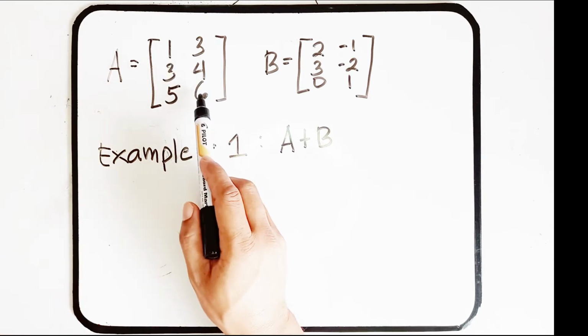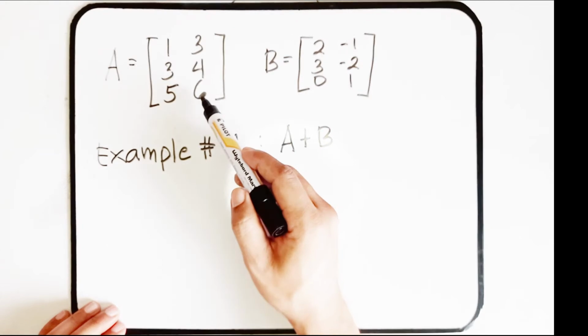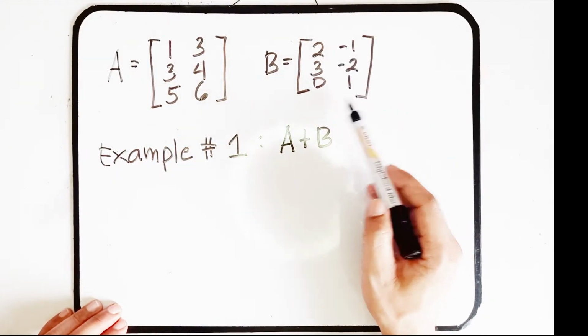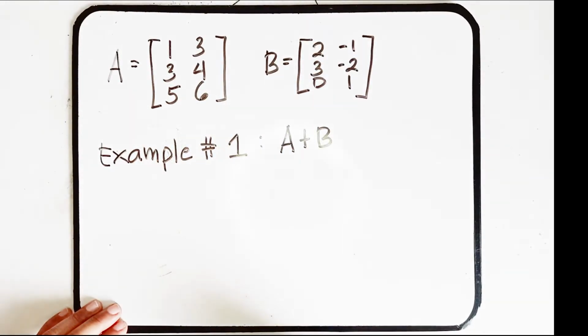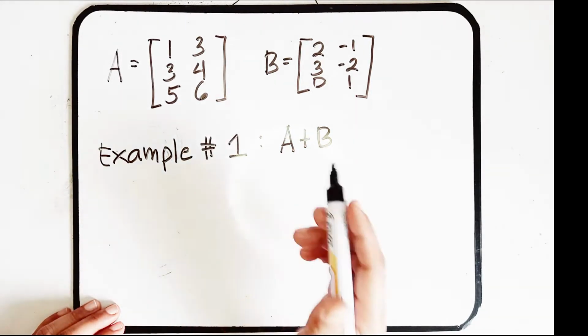3 rows, 3 rows. 2 columns, 2 columns. So they have the same order. Okay, so it is possible to add these matrices.